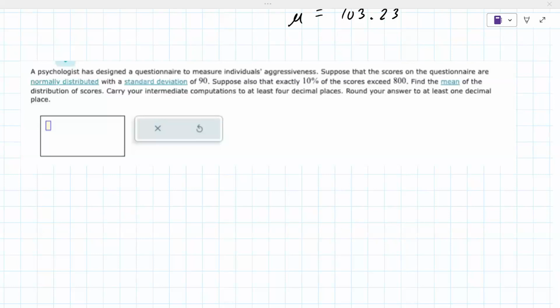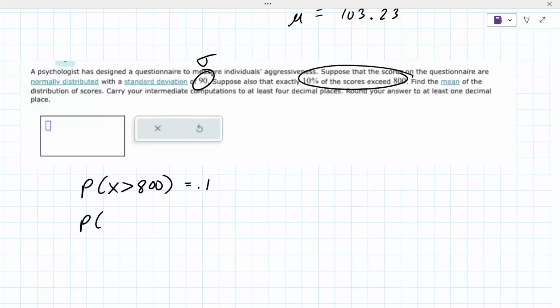So suppose that the scores are normally distributed with standard deviation of 90. That's sigma. Exactly 10% of the scores exceed 800. So the probability that x is greater than 800 is 0.1, which means the probability that it's less than 800 is 0.9. So we want z of 0.9 because you always go to the left. That's x minus mu over sigma, and we want to find the mean distribution score.